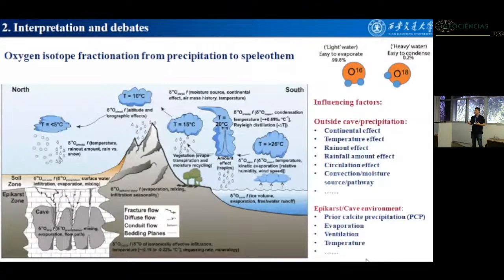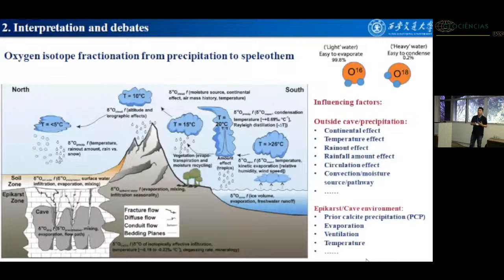For the epikarst system or inside the cave, PCP will also influence the speleothem delta O18, and also strong evaporation and strong ventilation will result in kinetic fractionation.